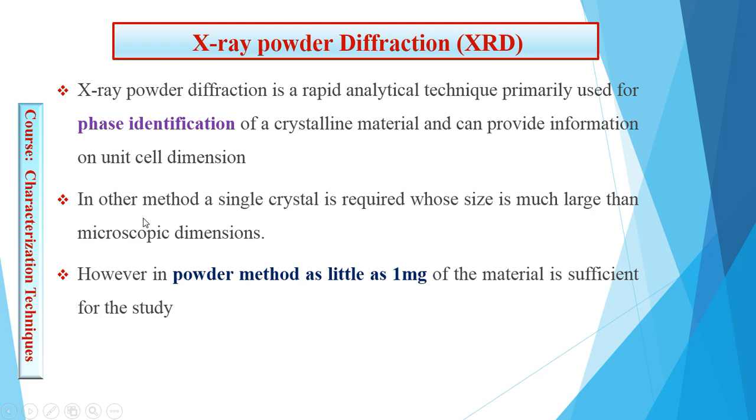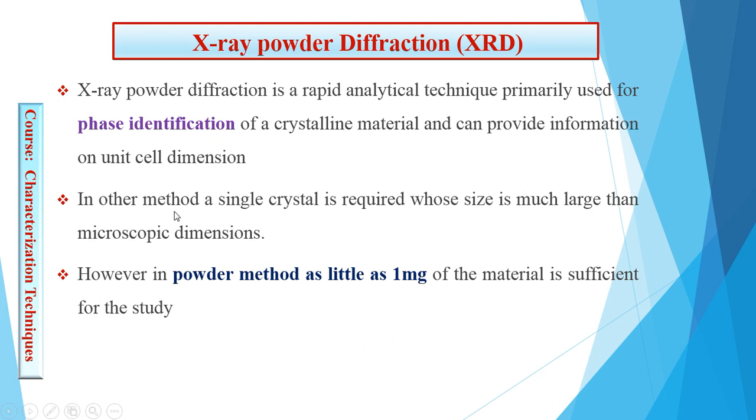In other methods, a single crystal is required. So it is very important that we can measure a polycrystalline sample, or do phase identification, from X-ray powder diffraction, but in other methods we cannot do the phase analysis of a polycrystalline crystal.